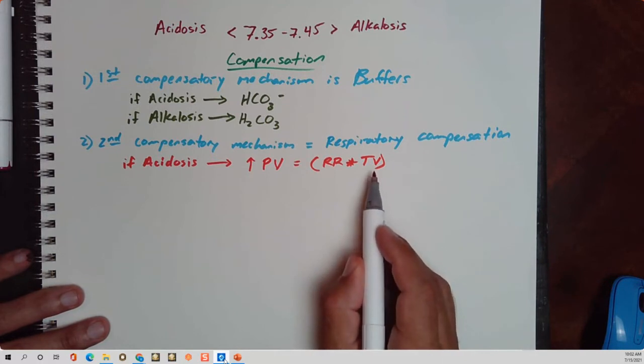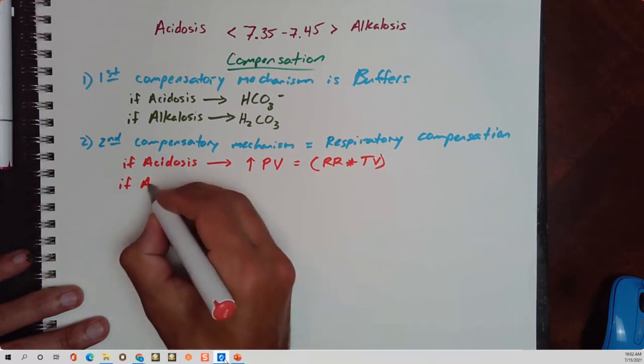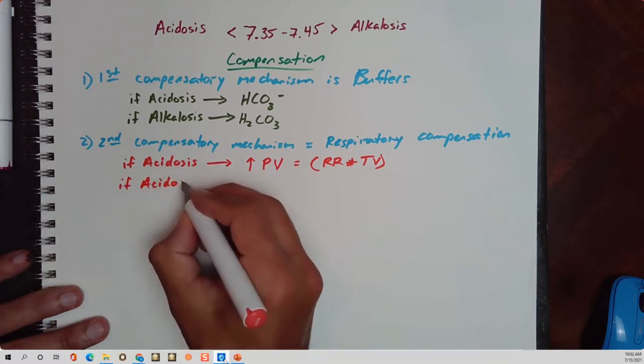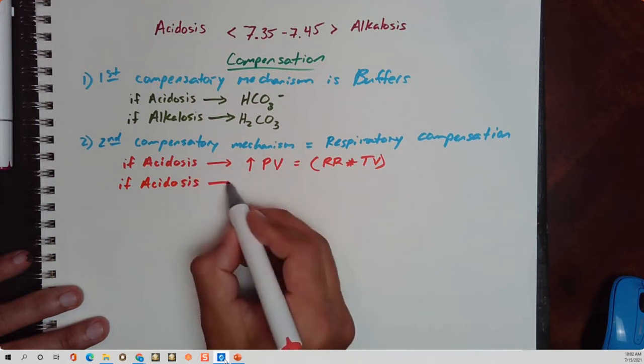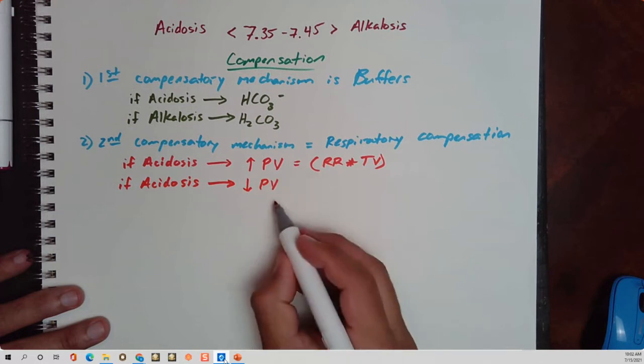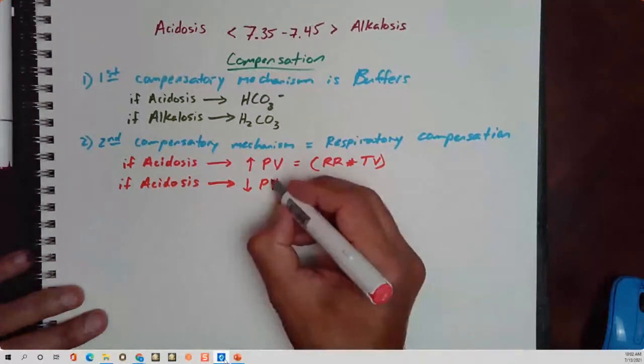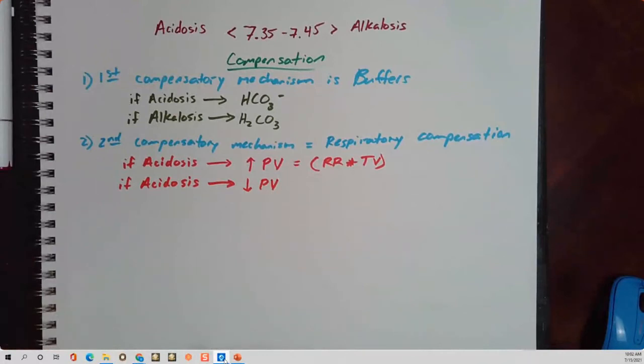Does that make sense? If alkalosis, what's going to happen to pulmonary ventilation? It's the opposite. So now we start holding our breath a little bit more. We have slow breathing. Some form of slow breathing. Brady.